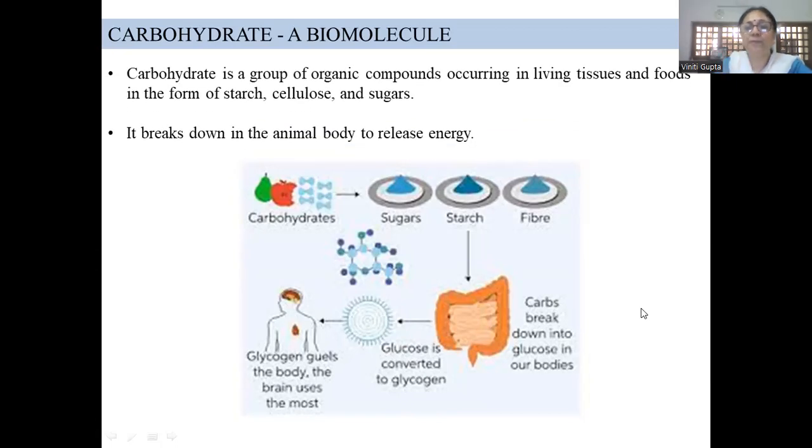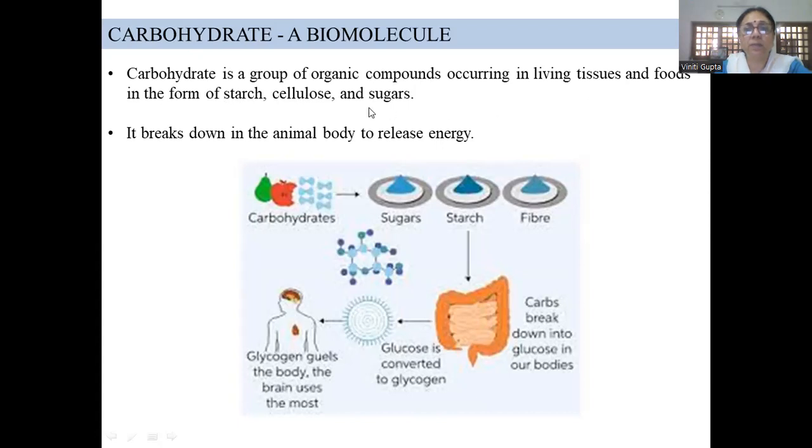Now, if we see where it generally occurs, these sugars occur in living tissues in the form of sugars or starch, basically as glycogen, in the form of cellulose in plants, starch in plants, in tuberous food, and sugars in juices, again in plants.